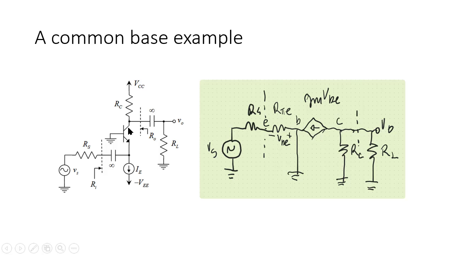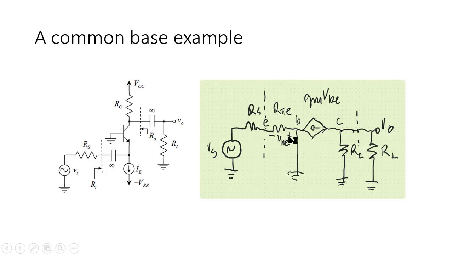And the transistor is represented by a T circuit. Here we see that it really looks like a T. This is the resistance, which is R pi divided by beta plus 1. And this current source that is gm VBE. There. The direction is from collector to base for the current.